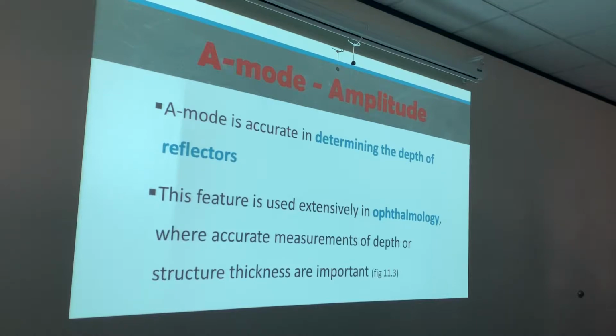Okay, A mode is accurate in determining the depth of reflectors, guys. This feature is used extensively in ophthalmology. A lot of times, when you guys are at Ben Taub, I know they'll go upstairs and they don't necessarily do an ophthalmologic exam, but they'll do transcranial Dopplers. Again, they use continuous wave transducers.